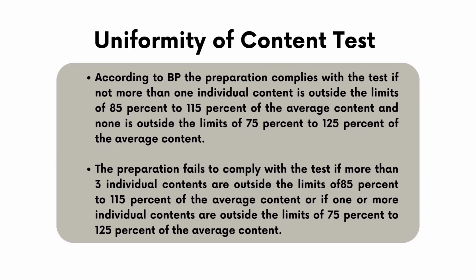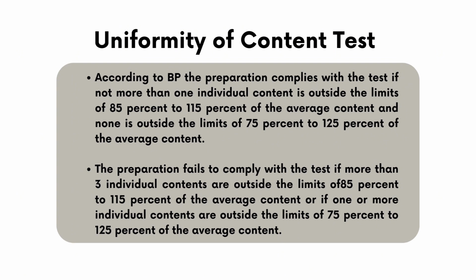According to British Pharmacopoeia, the preparation complies with the test if not more than one individual content is outside the limit of 85% to 115% of the average content, and none is outside the limit of 75% to 125% of the average content.